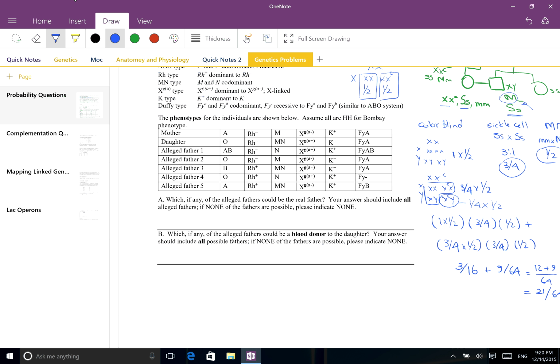The 1/2 is because of the probability of the mother being a carrier for it, hence giving one of the children the disease, in this case a boy. So the probability of having color blindness is 1/4 times 1/2, times not having sickle cell is 1/4, times not having myotonic dystrophy is 1/2. So the answer is 3/64.